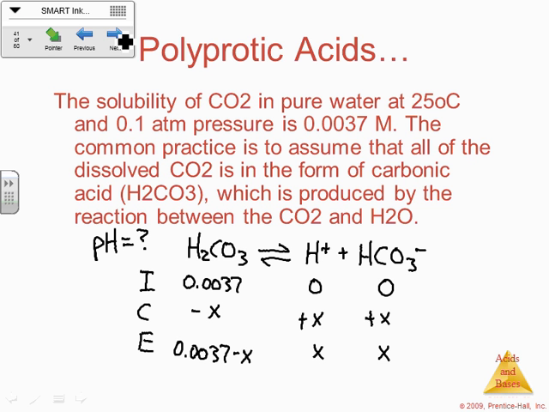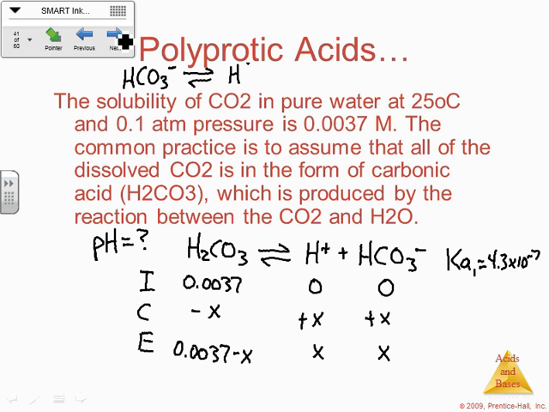Let's just write the reaction for Ka2, because this would be Ka1, right? So Ka1 is equal to 4.3 times 10 to the negative 7th. So if I want to write the Ka2 reaction for this one, then I would take the HCO3 that gets created in step 1, and then basically do the same thing again.